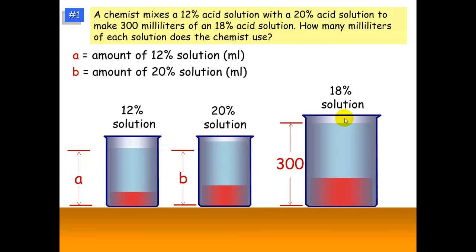And notice I want to know how much actual acid I need in this solution. Well, this is simple because we have the information we need to figure out how much acid is in the final product. It's going to be 18% of 300 milliliters of the solution, which is just 18% of 300. That means there's 54 milliliters of acid in our desired solution.